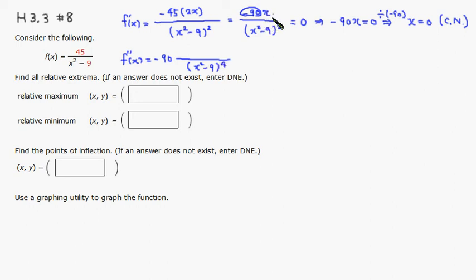Then derivative of x is 1 times the bottom, which is quantity x squared minus 9 squared. Then minus top, which is x, and the derivative of the bottom is 2 in front. Keep the same quantity x squared minus 9. Then multiply by derivative inside, so it's 2x.